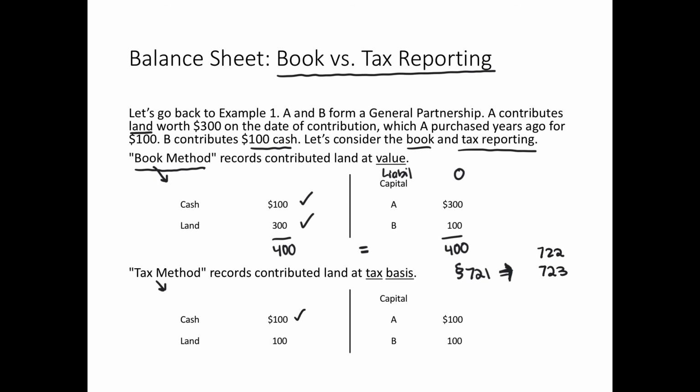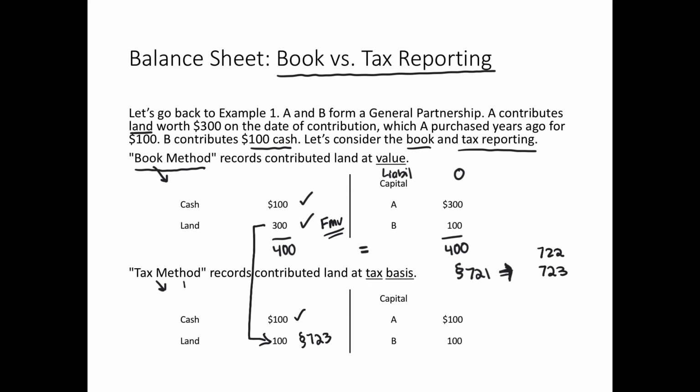But the land, notice this. The land, the amount for book purposes was 300, right? Because remember, historical costs, we use fair market value on that date and we keep that going forward on the books.